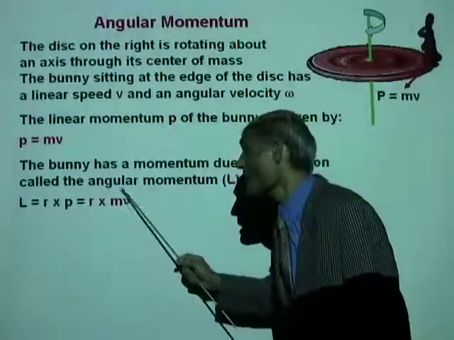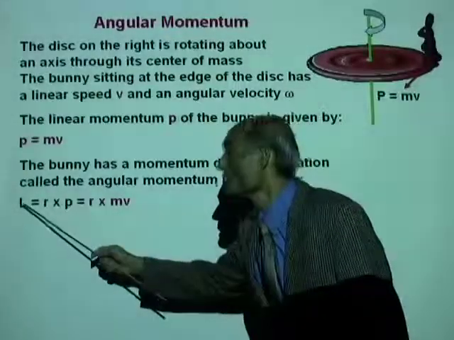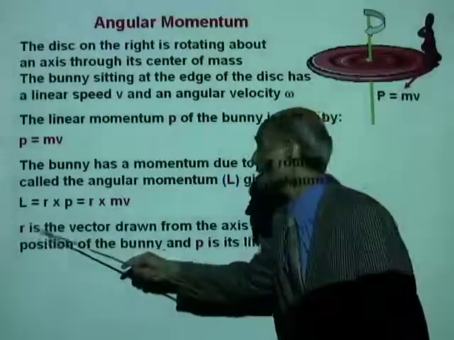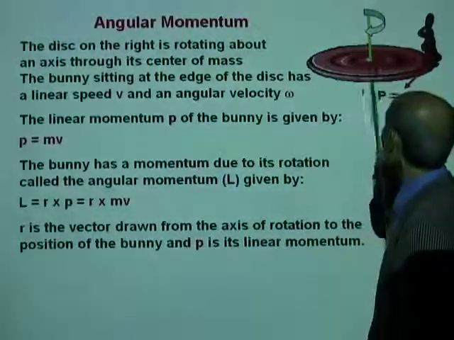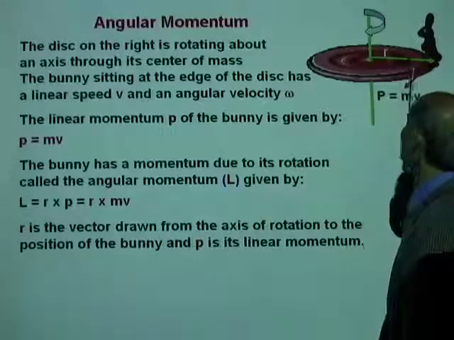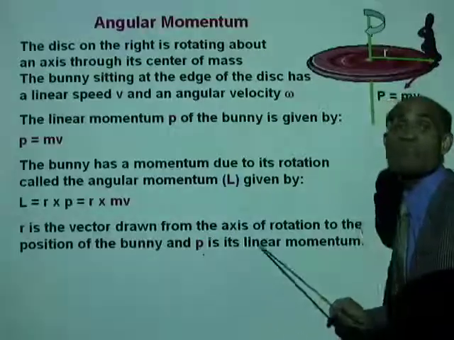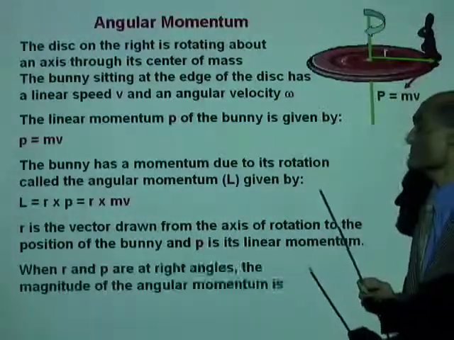So r times the linear momentum is the angular momentum. r is the vector drawn from the axis of rotation, and p is the linear momentum.